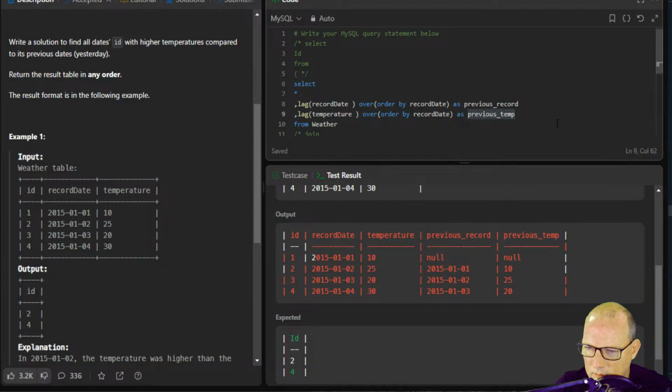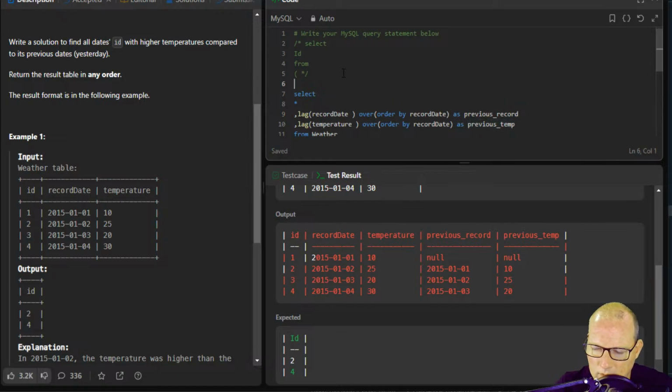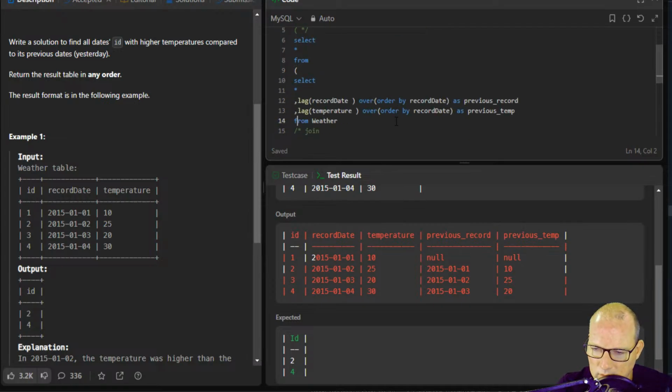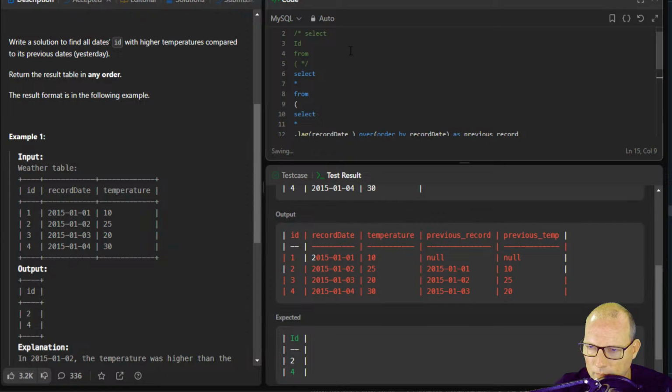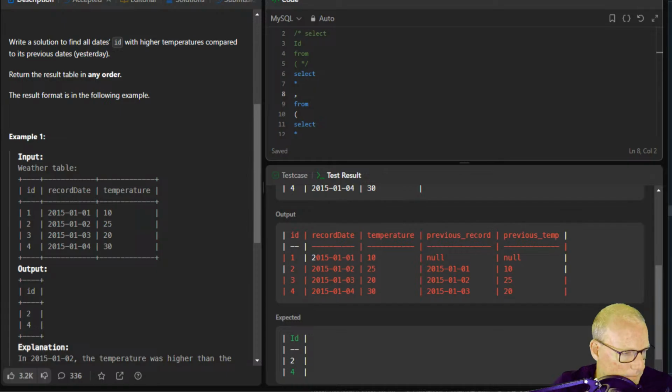Now what I want to do is a DATEDIFF. Select star from that as sub, and DATEDIFF. What do I pass in as DATEDIFF?